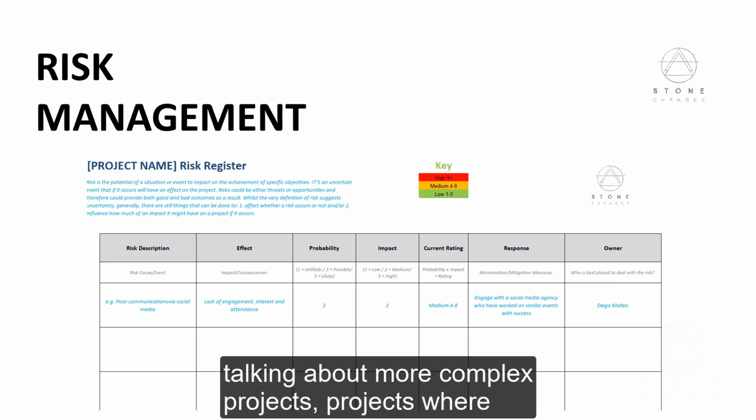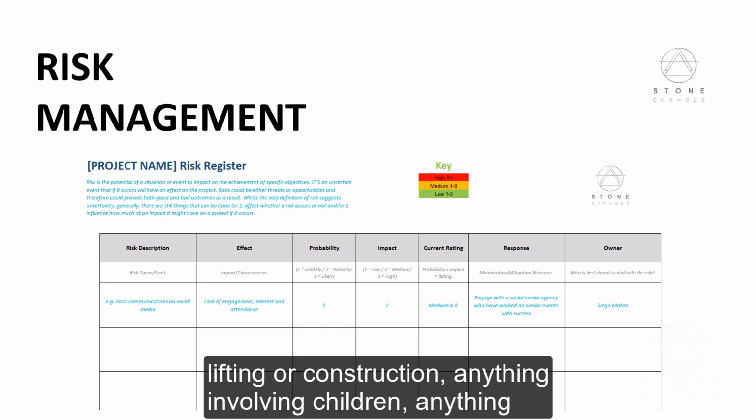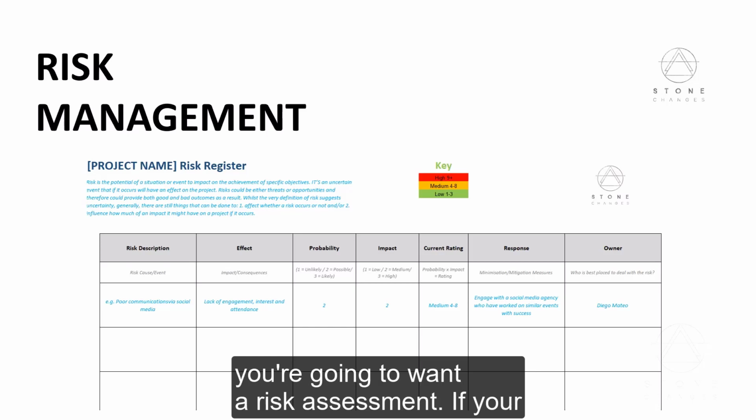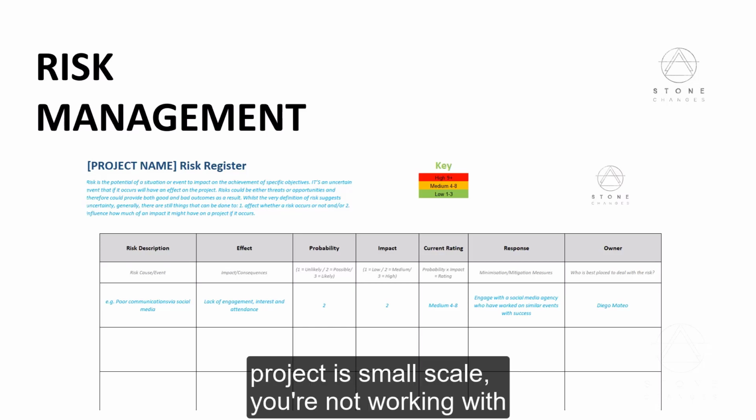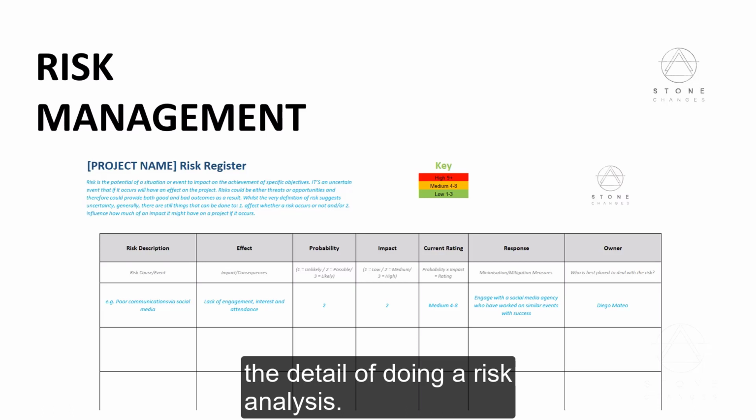If we're talking about more complex projects where there's potentially physical danger, like construction, anything involving children, anything like that, you're going to want a risk assessment. If your project is small scale, you're not working with vulnerable groups, then you're less likely to need to go into the detail of doing a risk analysis or risk management.